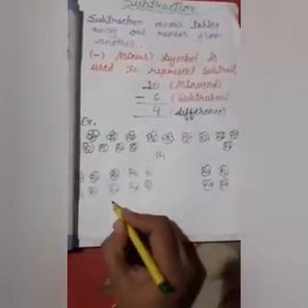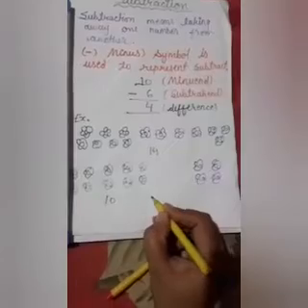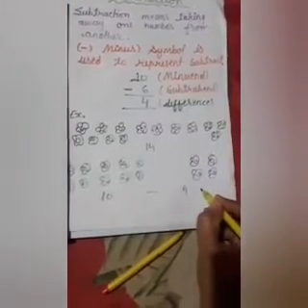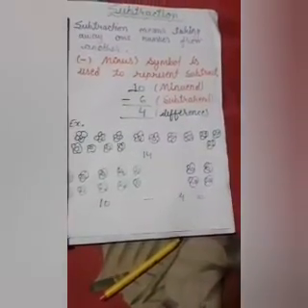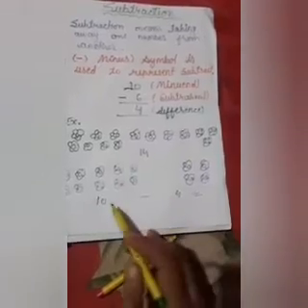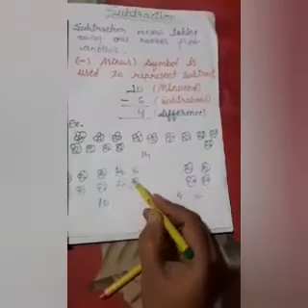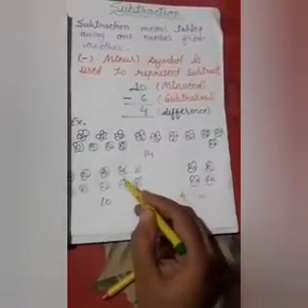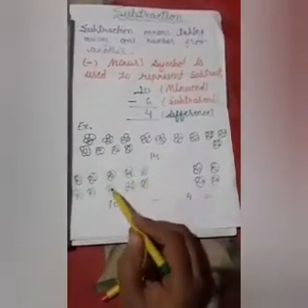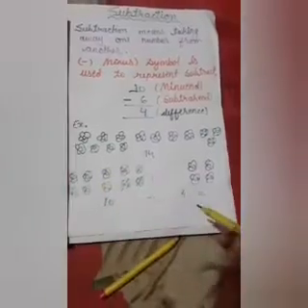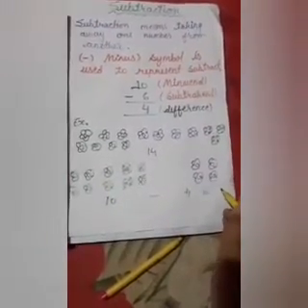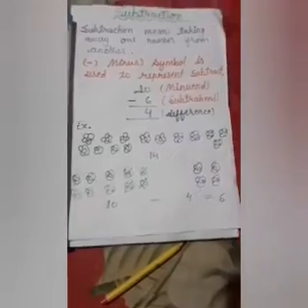So we will write 10 flowers minus 4 flowers. How many will we get? We take away 4 flowers from 10: 1, 2, 3, 4. We get 1, 2, 3, 4, 5, 6. Six flowers are left.